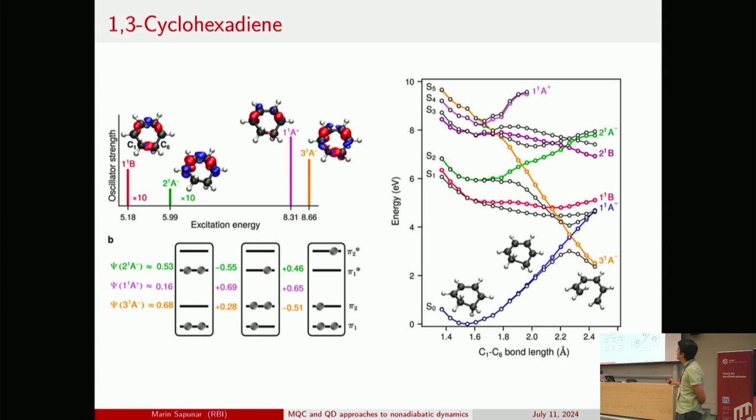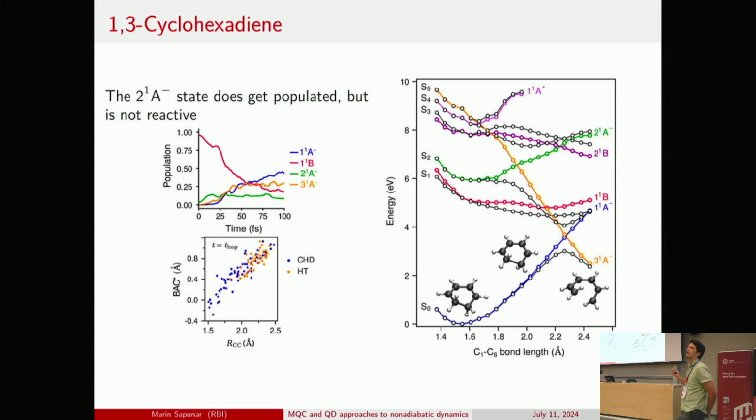The main problem of surface swapping is that it doesn't handle the coherence well, so it's over-coherent, and that ties into the geometric phase effect as well, but that's just one part of it. So basically it doesn't handle it well.